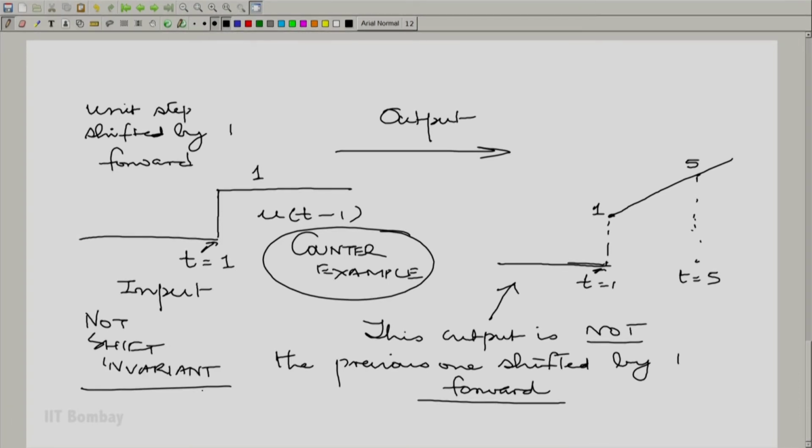You see, you have to be very careful when you try and establish a property or when you try and contradict a property. You will notice that here it was enough for me to use one counter example to contradict the property.